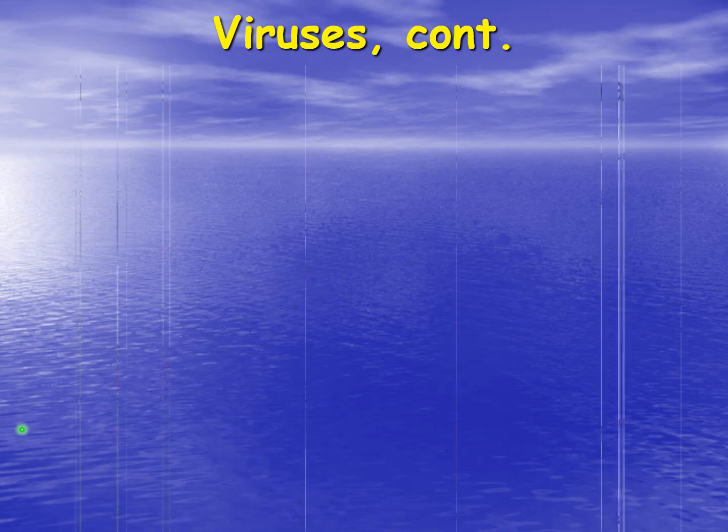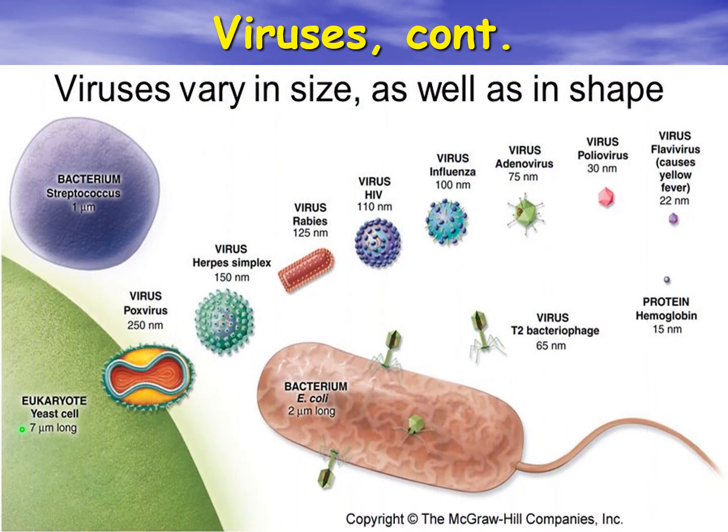Here we see varying sizes of these viruses. Over here at the side, we have a eukaryotic yeast cell, about 7.5 microns in diameter. Streptococcus is about 1 micrometer in diameter. E. coli is about 2 to 3 microns long and about 1 micron across. The T2 bacteriophage is about 65 nanometers.